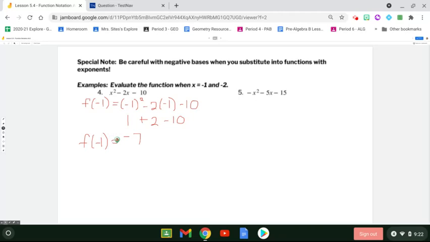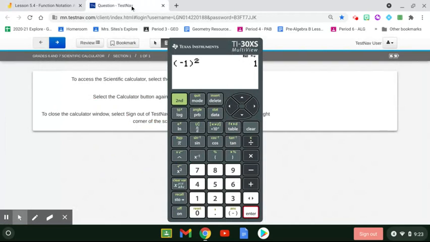We're going to do the same thing, except we're going to evaluate this function for -2. Anywhere I see an x in the problem, I'm going to evaluate it when x is equal to -2. So -2 to the second power minus 2 times -2 minus 10. Again, we're going to be really careful with our parentheses. Parenthesis, -2, parenthesis, exponent of 2 goes on the outside.